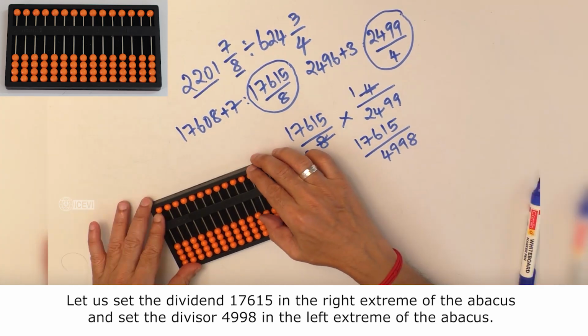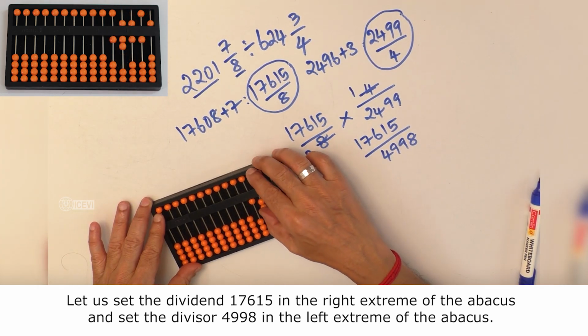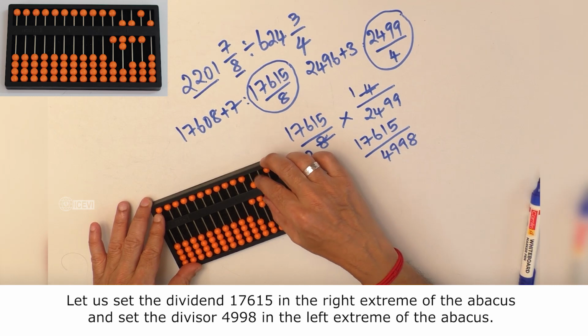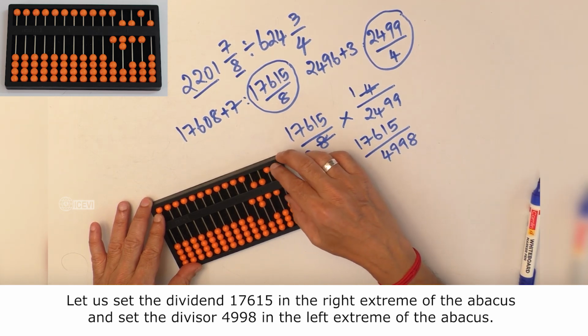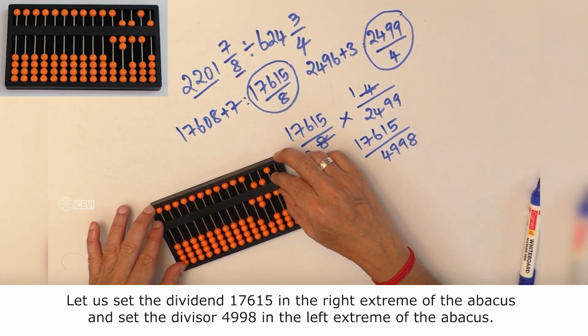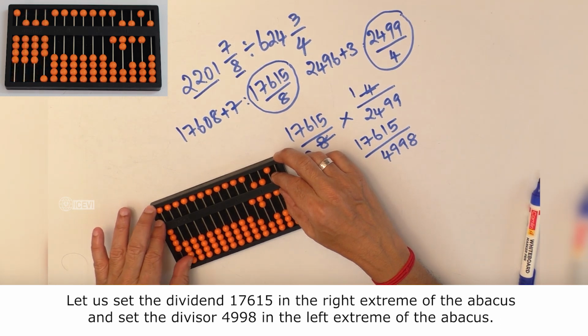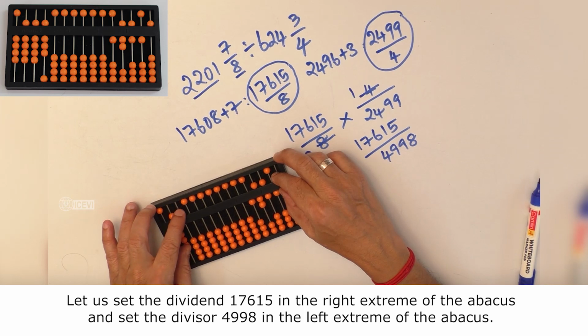Let us set the dividend 17,615 in the right extreme of the abacus and set the divisor 4,998 in the left extreme of the abacus.